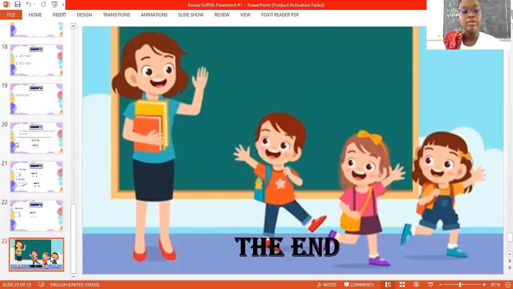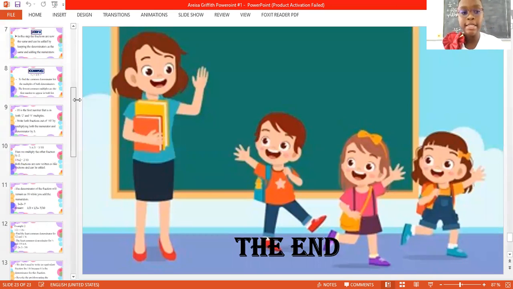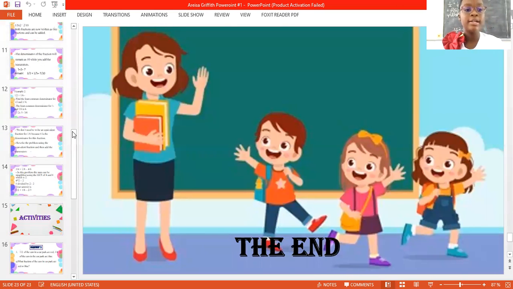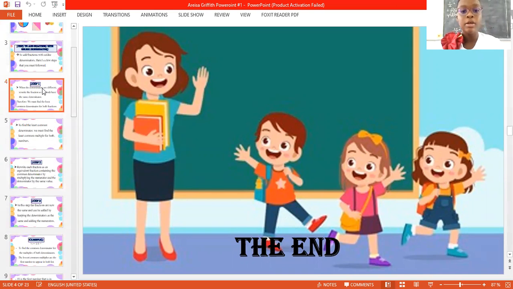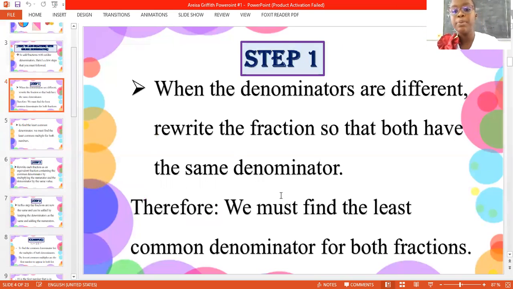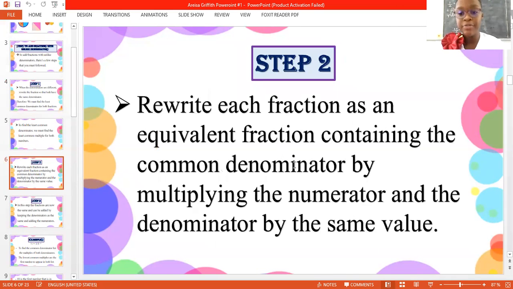So quickly, let's go over that. We learned today about adding fractions with unlike denominators, and what are the steps that we followed? Step 1, we rewrite the fractions so that both have the same denominator. Step 2, rewrite each fraction as an equivalent fraction containing the common denominator.